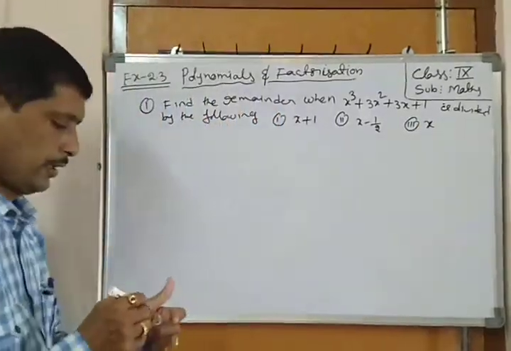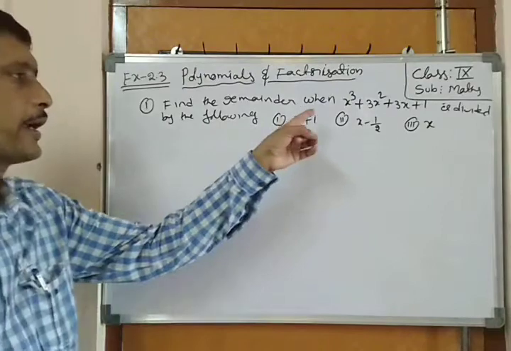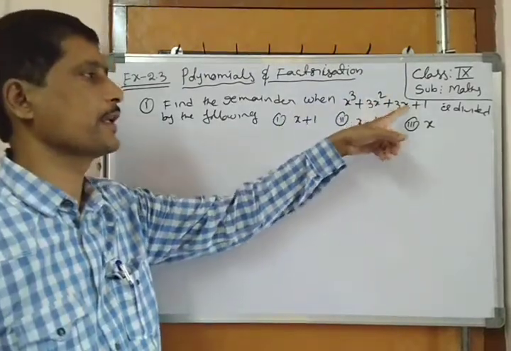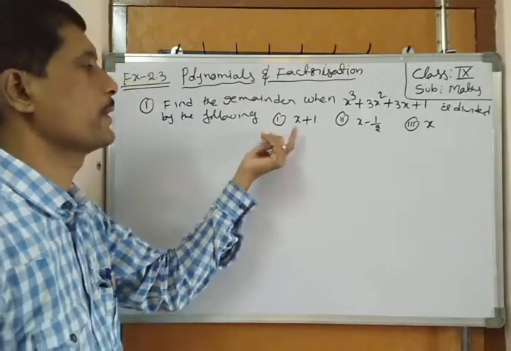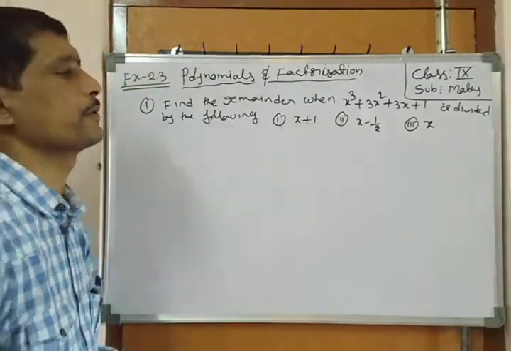Here see, find the remainder when x cube plus 3x square plus 3x plus 1 is divided by the linear polynomials x plus 1, x minus 1 by 2, and x.